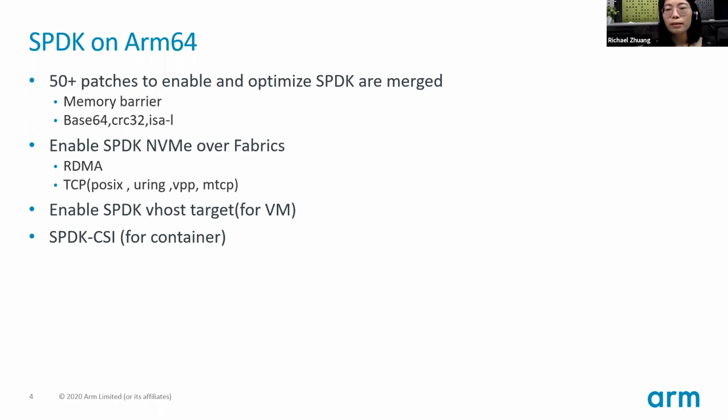And in the following slides, we will walk through our practice of running SPDK NVMe-over-RDMA and the SPDK vhost target on ARM servers, and our implementation of SPDK CSI to bring SPDK to container storage.